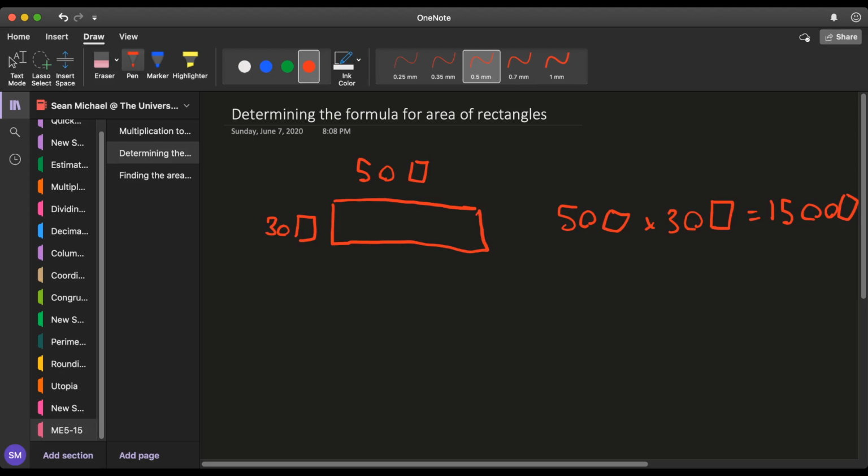So let me just draw a little shape here. So this is another one, but this time I'm going to say this is 10 centimeters. And over here I'm going to say that this is 5 centimeters long. Well, the same thing applies. How would I find the area?